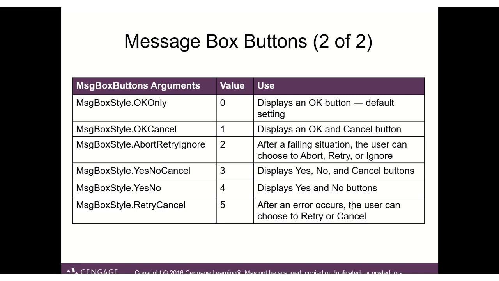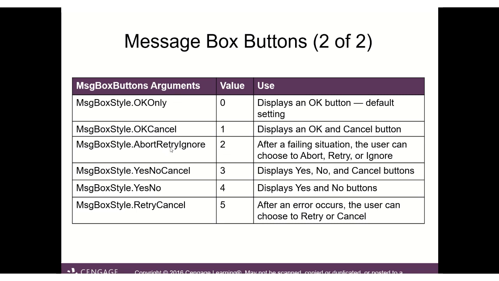After an error occurs, the user can choose to retry or cancel. Basically our message box by default comes with the 0 option, which is simply OK, and then you can have OK Cancel, where there are two different buttons. You can do Abort, Retry, Ignore, which is 2. I mean, different options are there.